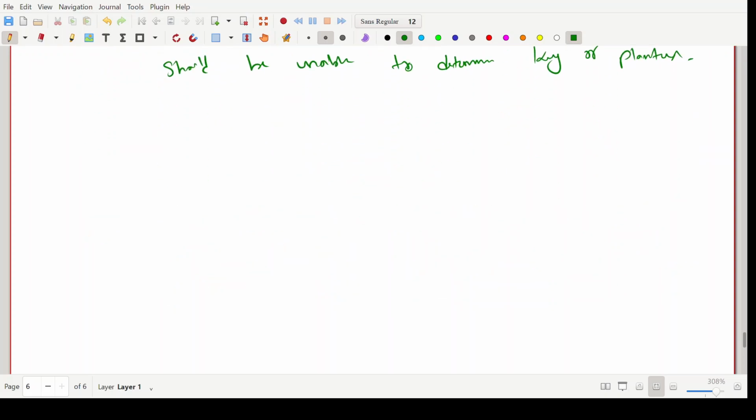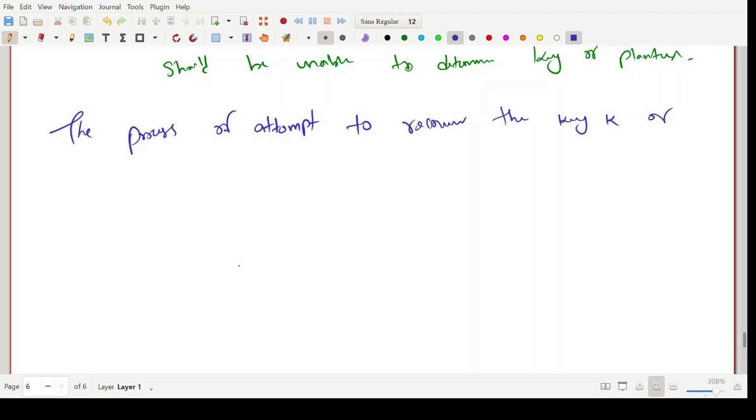Now the process of attempting to recover the key K or the message X given a string of ciphertext is called cryptanalysis.